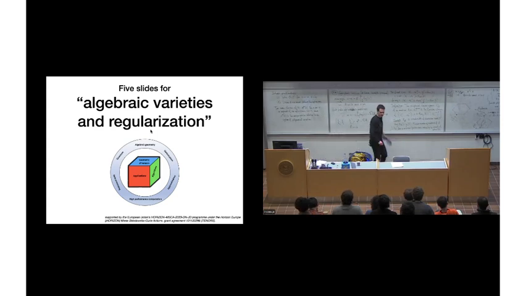I should say this theorem is not by these people. This goes back to Proudfoot and Speyer. They have a very nice, very influential paper in which they study these varieties and their degenerations.